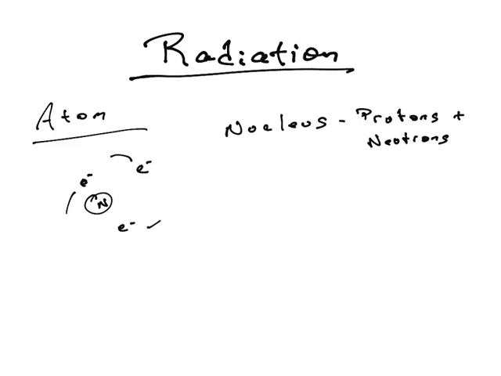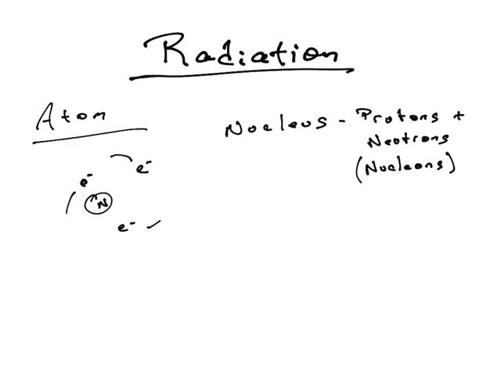Generally speaking, protons and neutrons are called nucleons. So when someone says there's a nucleon, what they mean is either a proton or a neutron. The protons and neutrons make up the nucleus, and in fact, the number of protons and neutrons describes the atom.